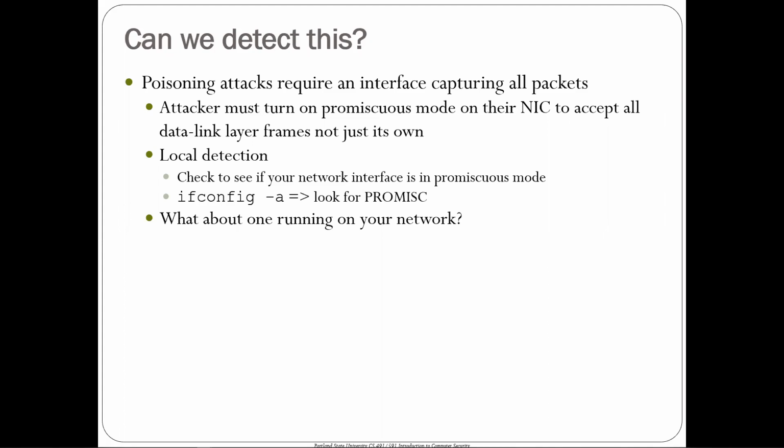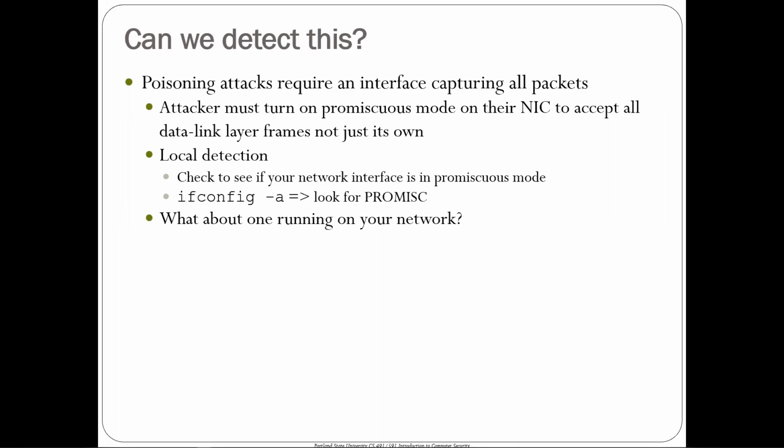I like students to brainstorm on how would I reveal this behavior. Okay, so yeah, one way is for you to turn on promiscuous mode and monitor the ARP replies.